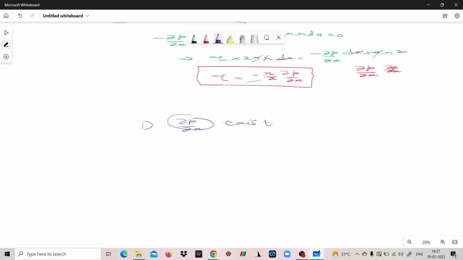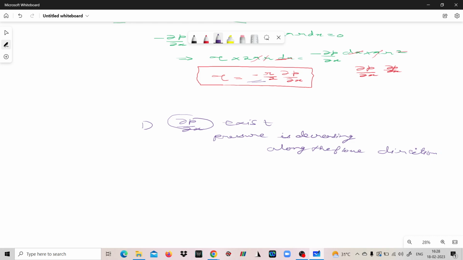Further, we can see that there is a negative sign. What is the significance of this negative sign? The significance is that pressure is falling or decreasing along the flow direction. This is again a very important deduction from this equation.